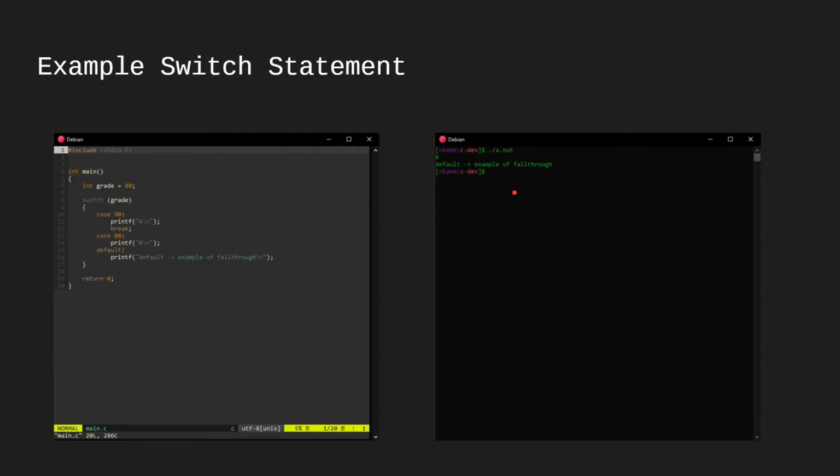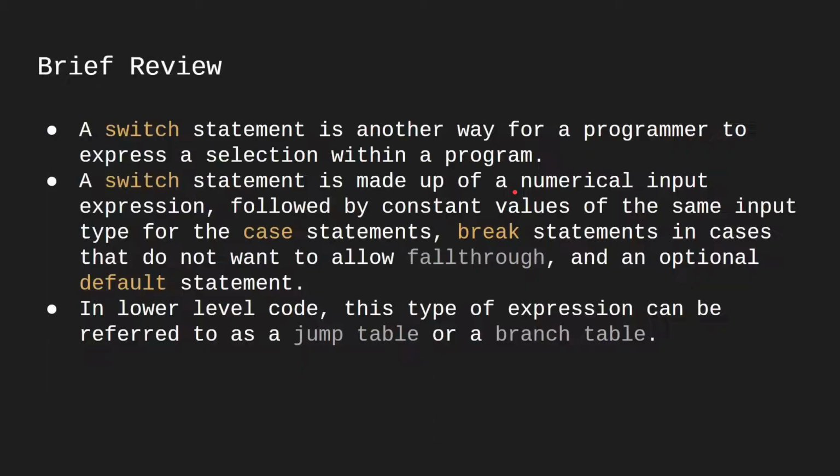But again, we'll just mess around with it a bit so that you can get a clearer understanding of what it does. So again, a brief review of what a switch statement is. A switch statement is just another way for you to express a selection. You can usually rewrite switch statements using if statements, or sometimes vice versa. The switch statement is made up of numerical input expressions followed by cases with values of the same input.